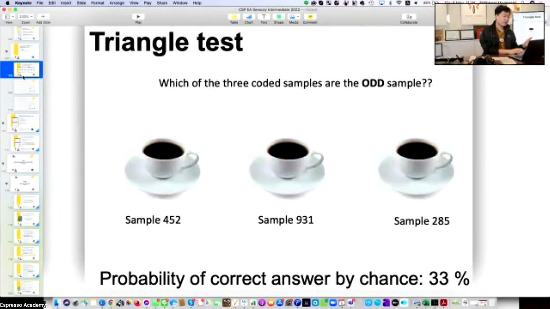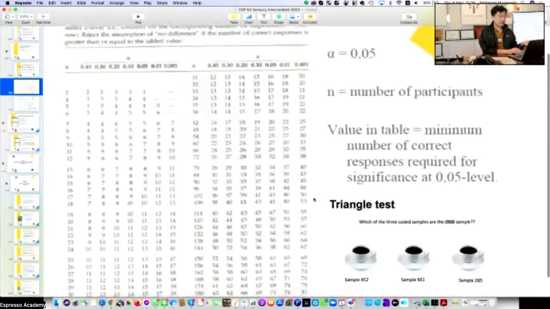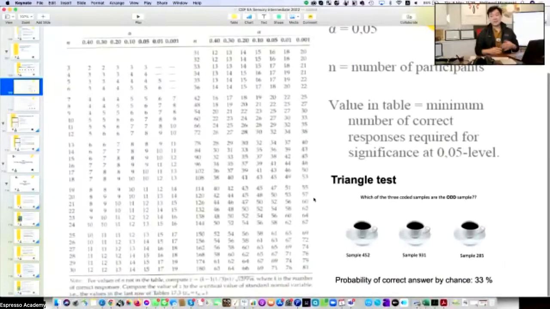Like as we mentioned yesterday, this is the triangulation test. There is a table for it. So when we discuss and debate with each other on the findings, you would say something like, based on your hypothesis that this coffee and that coffee are the same and there is no difference between them, this is our finding. Our findings are based on 102 people.